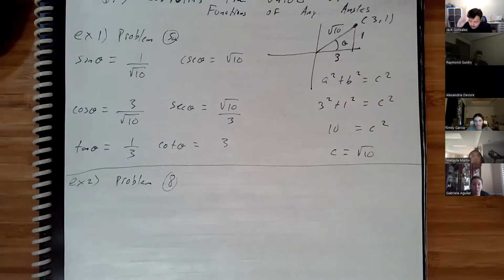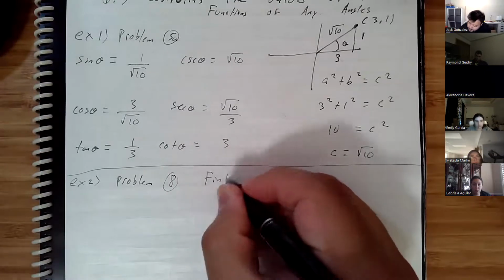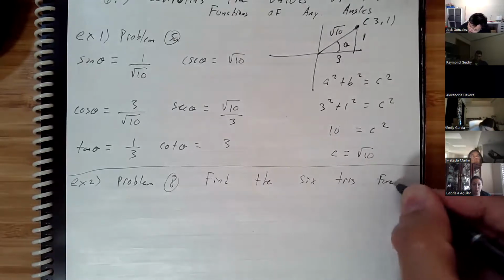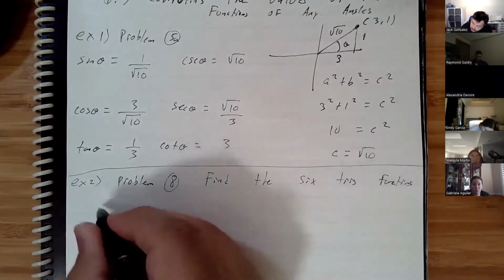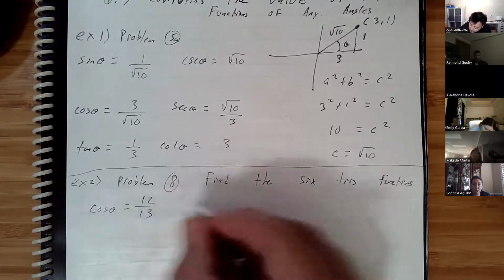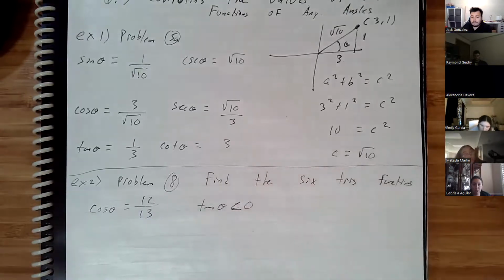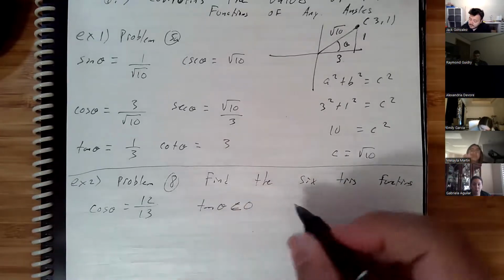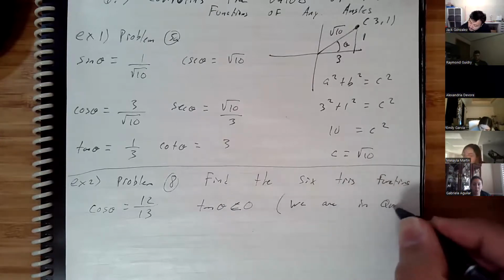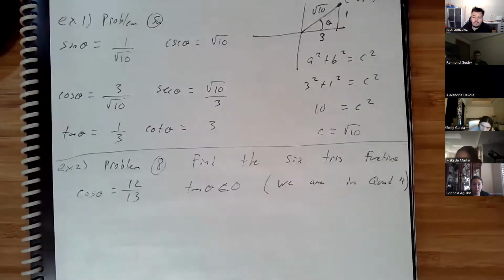All right. So they gave us this information. They said, find the 6 trig functions. I'm going to shorten it up. Given that cosine is equal to 12 over 13 and tangent theta is less than 0. All this information tells us we are in quadrant 4, right?